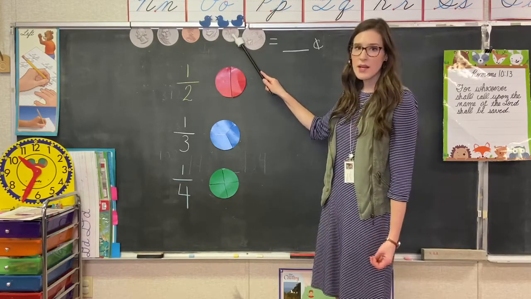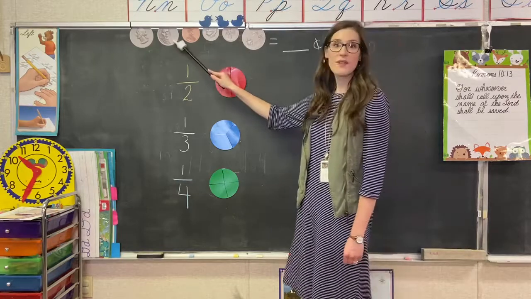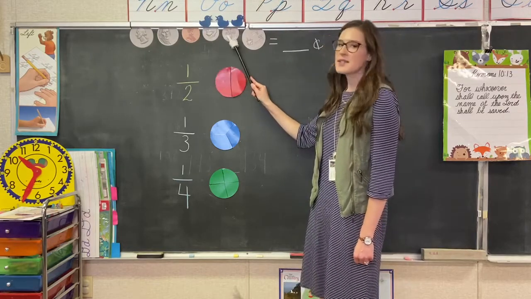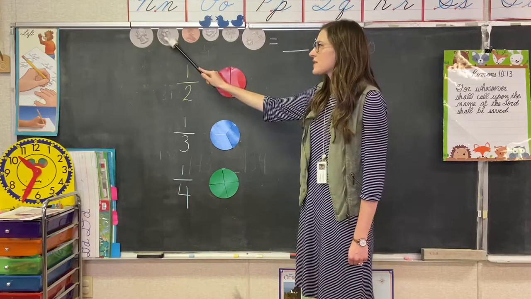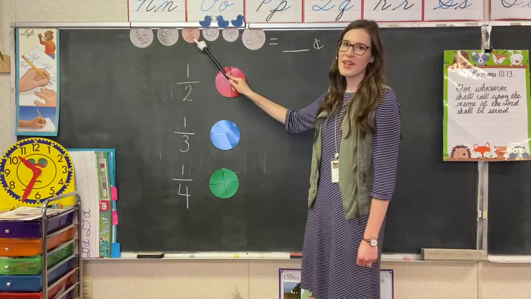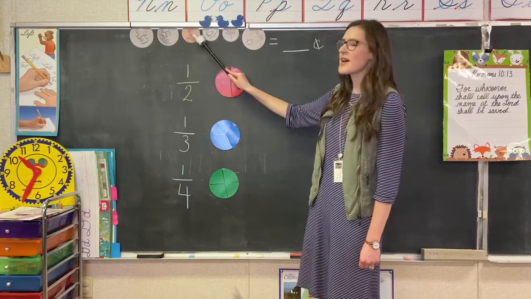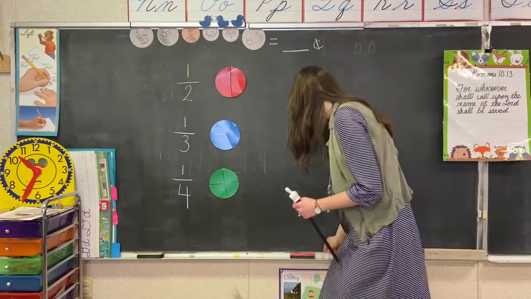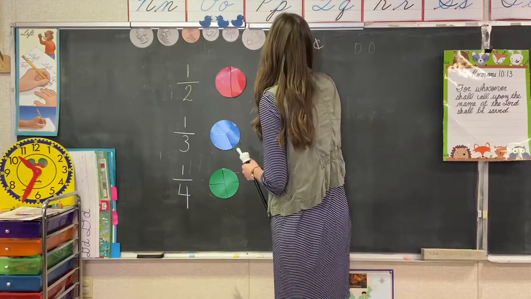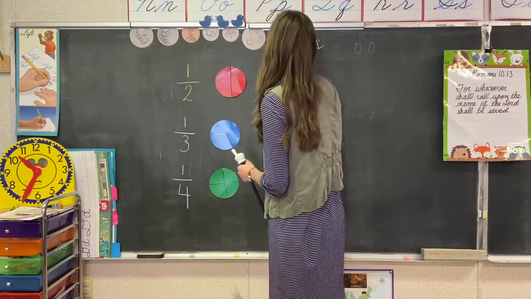Now the next coin would be the nickel, and a nickel is worth 5 cents. So we're at 70, so let's count by 5s. 75, and then we just need to count our penny, which is worth 1 cent. 76. So this is worth 76 cents.